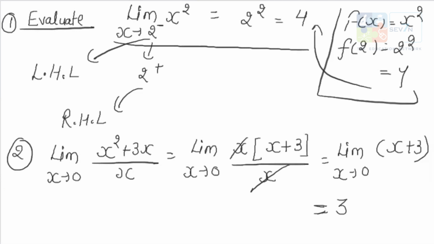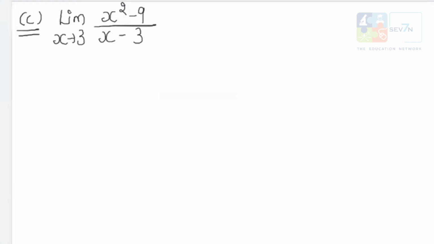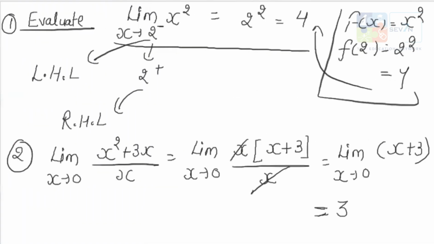Now, after this, do you have any doubt till now? Wait, one second. In the previous one, how is x plus 3 equal to 3? You got limit of x plus 3 and x tends to 0. So you just did x plus 3 is equal to 0?